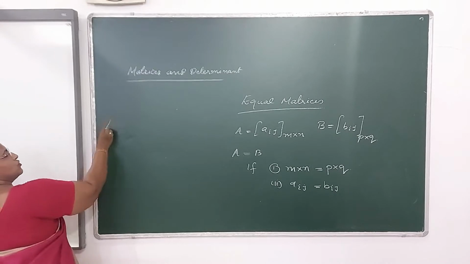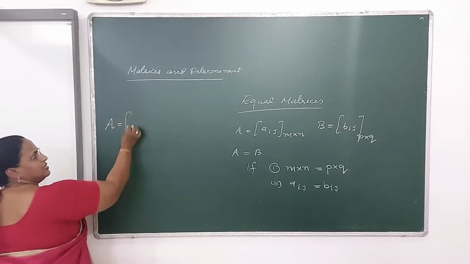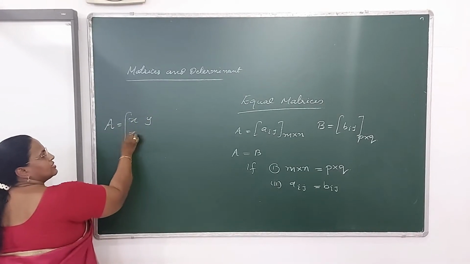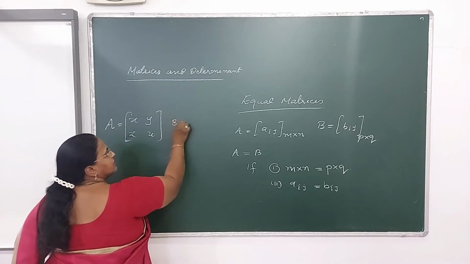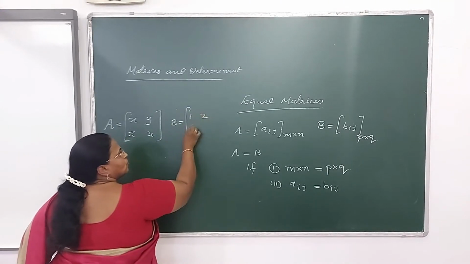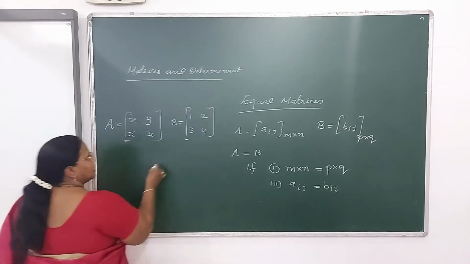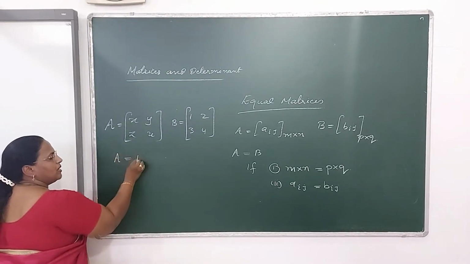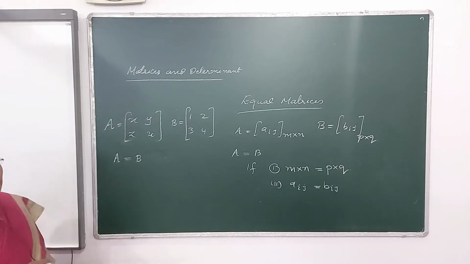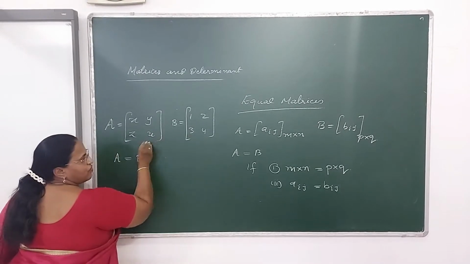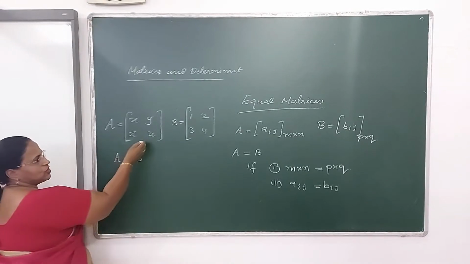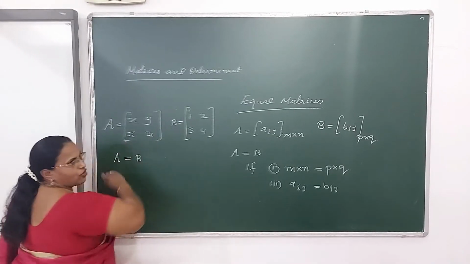A is equal to matrix x y z u and B is another matrix 1, 2, 3, 4. Now if A is equal to B, then definitely you can compare the entries. Both the matrices are comparable. This is of order 2 by 2, this is again of order 2 by 2.